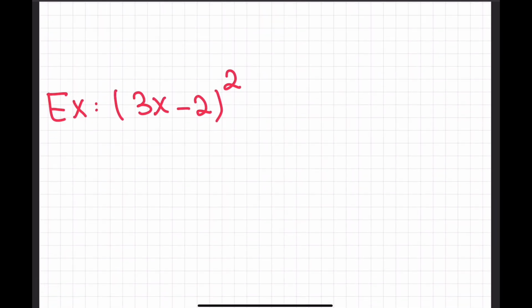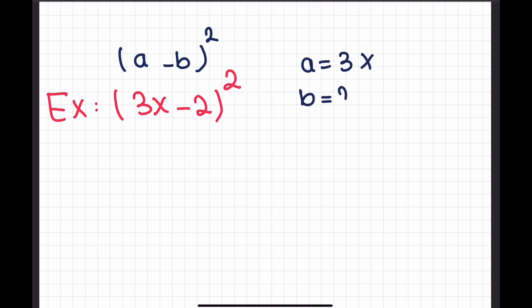Next one, (3x minus 2) squared. Same thing. This is (a minus b) squared, so your a is 3x and your b is 2. What was the formula? a squared minus 2ab plus b squared.